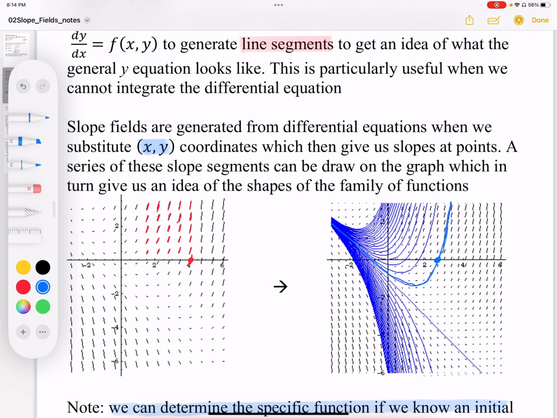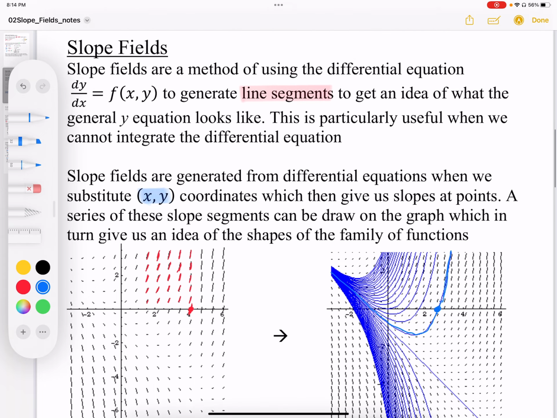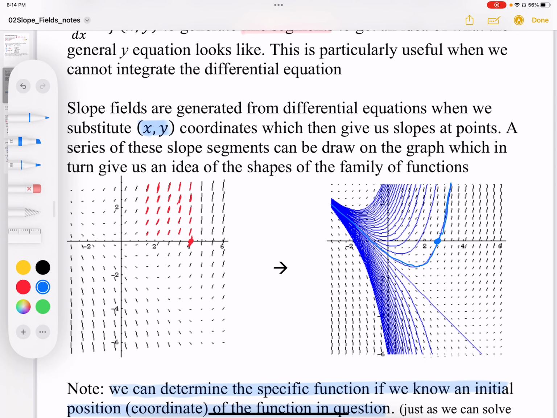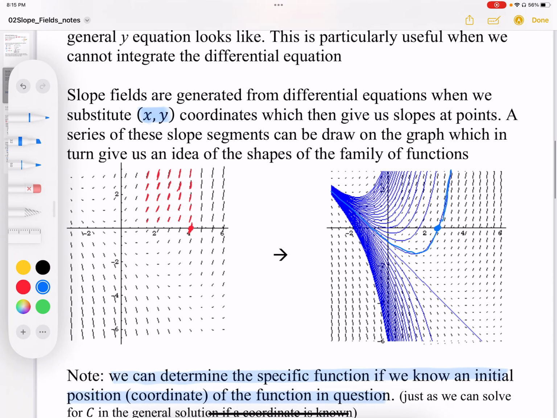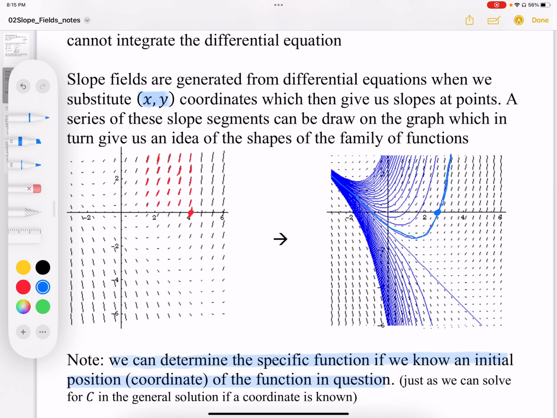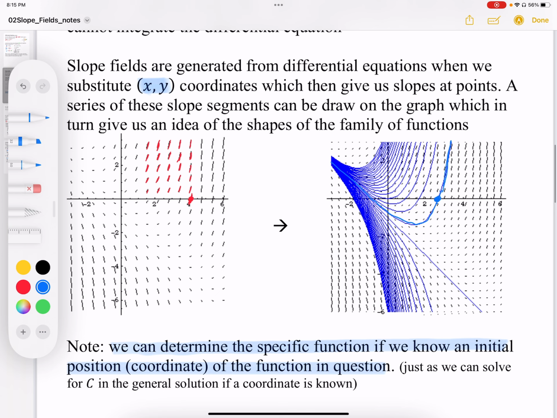That's all we're doing: we're trying to get an idea what the specific solution through that point looks like by tracing it through that point and following the slope lines to guide us. So the specific solution is found starting at a known point and following the slope field to come up with a specific solution.